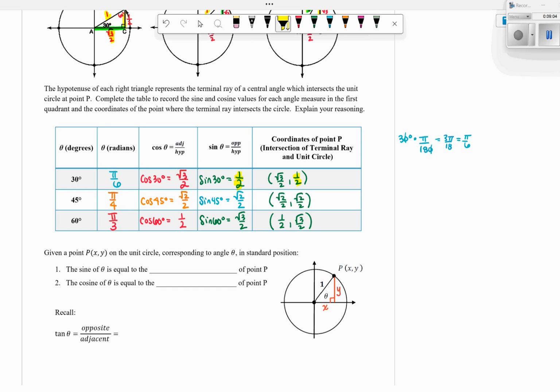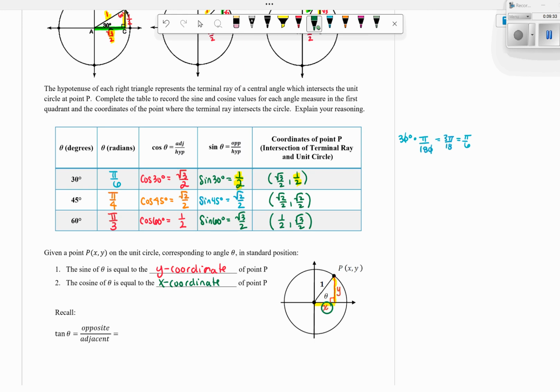Which makes sense because if we label this x and we label this y, then sine is the opposite over hypotenuse, so y over 1 is just y. So it's the y coordinate of your unit circle. So then the cosine is adjacent over hypotenuse, so x over 1 would just be the x coordinate.